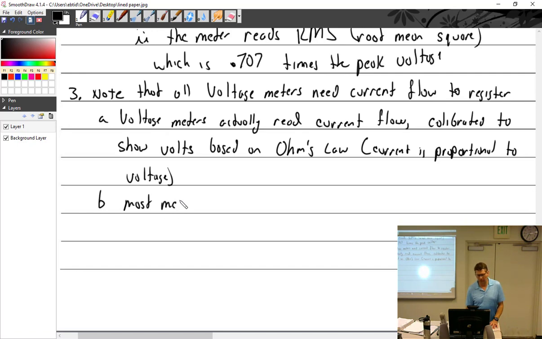Most meters have about 100 degrees of usable range due to principles of magnetism.